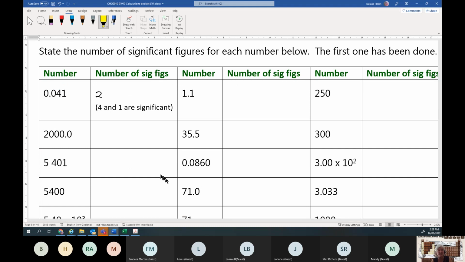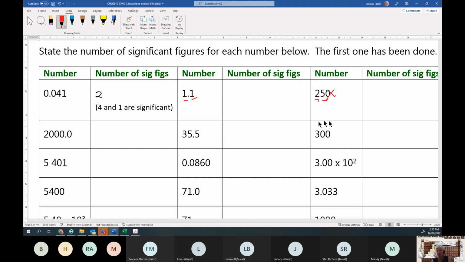Very quickly in the last minute, how many significant figures are there in 1.1? You can type in the chat. 2, correct. That's significant and that's significant. What about 250? 2, because that's significant, that's not significant.